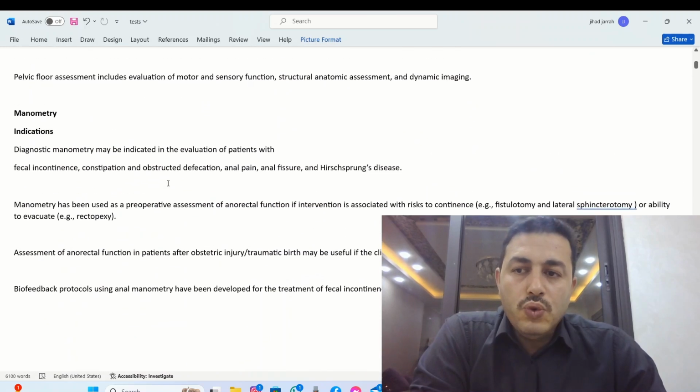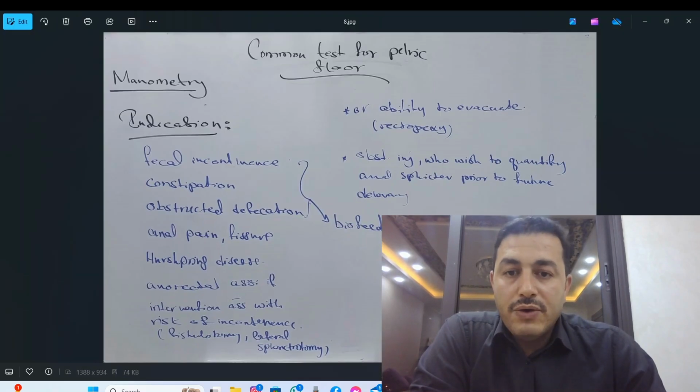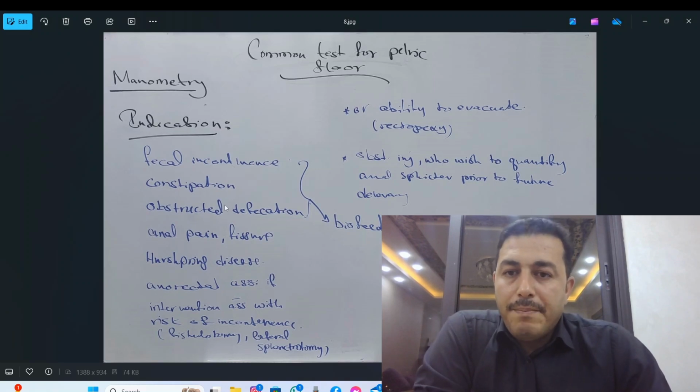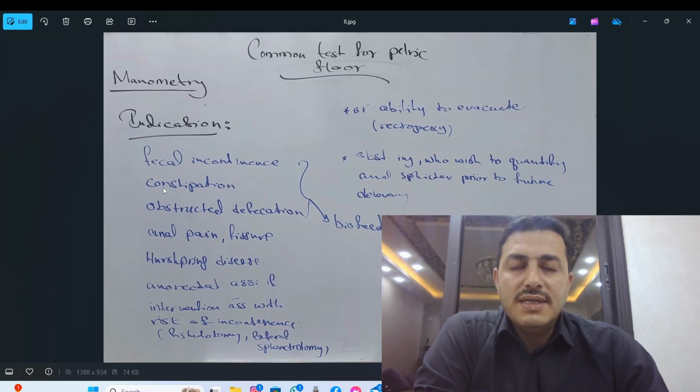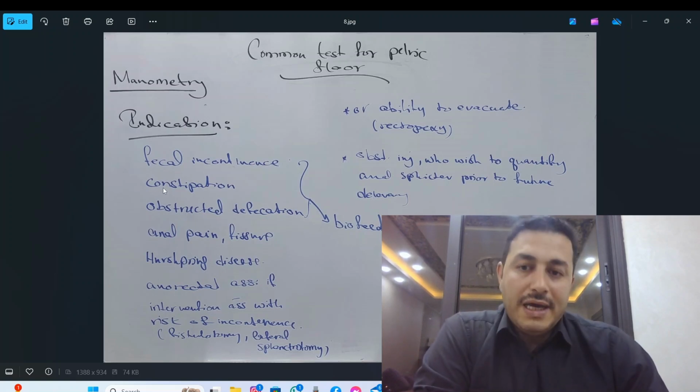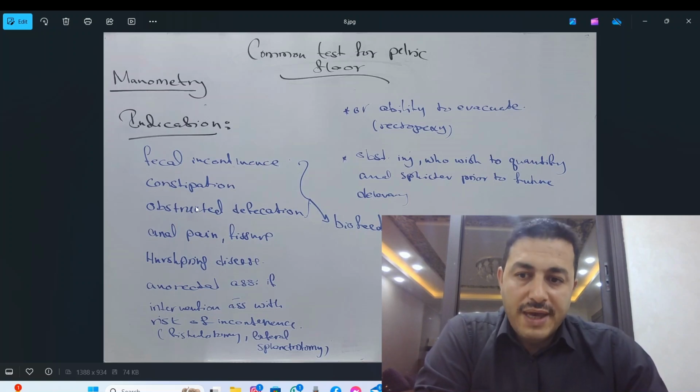So when do we need anal manometry? As you see in this picture, the main two indications are fecal incontinence and chronic constipation, let's say obstructed defecation, anal pain, and fissure.